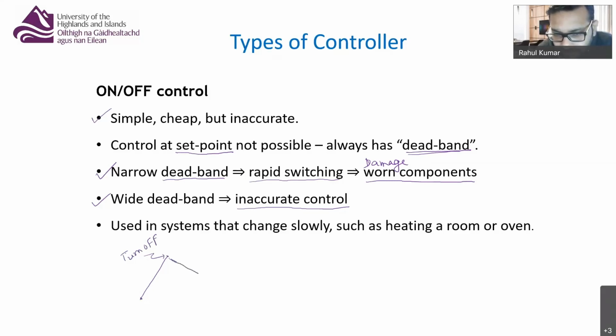It will fall gradually. So this temperature changes very slowly, right? We use this on-off controller where the variable, such as temperature, changes very slowly over time. So in these kinds of applications, we can use an on-off controller. Okay.